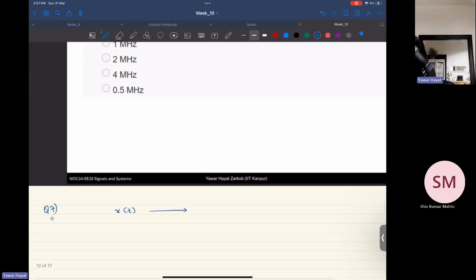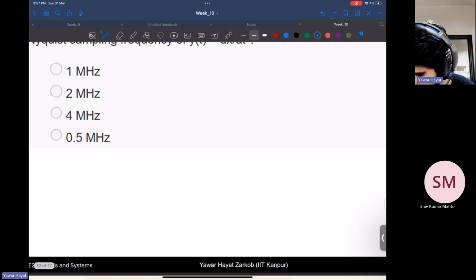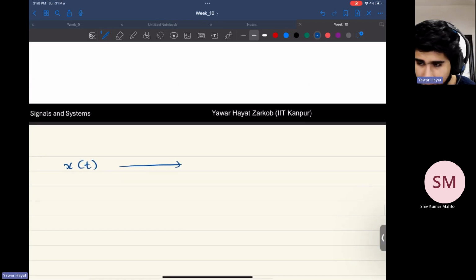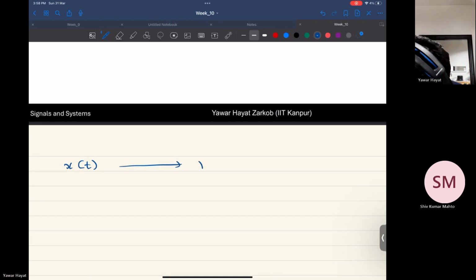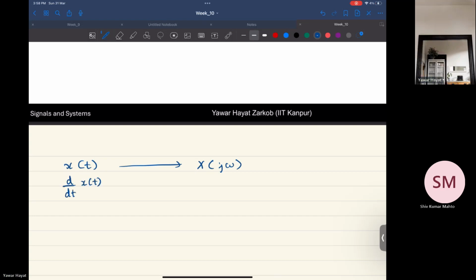The given signal was x of t, right? It's periodic, so we'll talk in terms of its Fourier transform, like our famous picture. If x of t has a Fourier transform x of j omega, what about dx by dt of x of t?